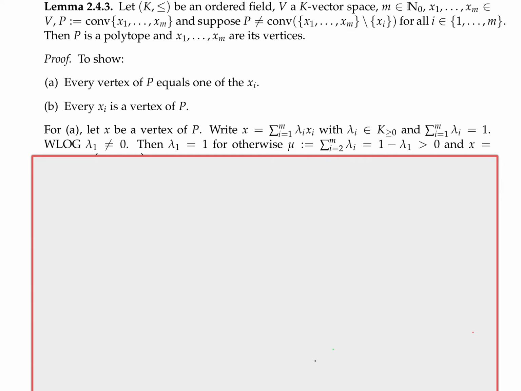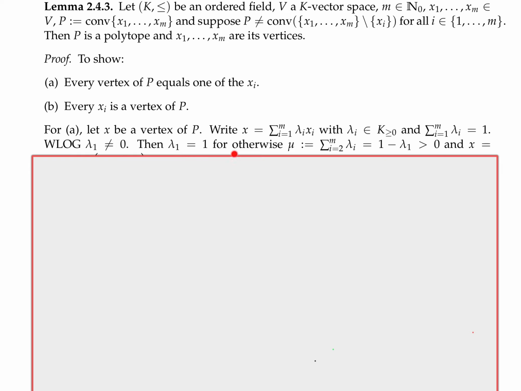And I mean, at least one of the lambda i's is not zero, right? So let's say without loss of generality, lambda 1 is not zero, right? Because I could interchange the role of the xi's, so that's okay. I could rename the xi's. So without loss of generality, lambda 1 is not zero, and lambda 1 is 1, actually.